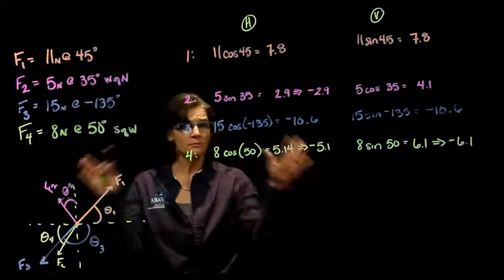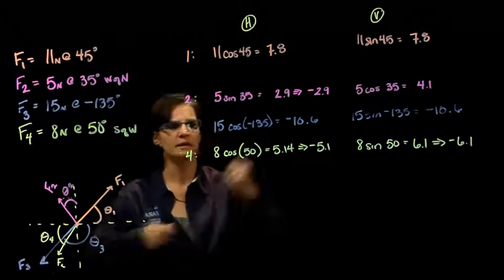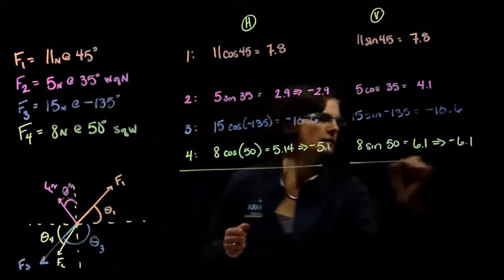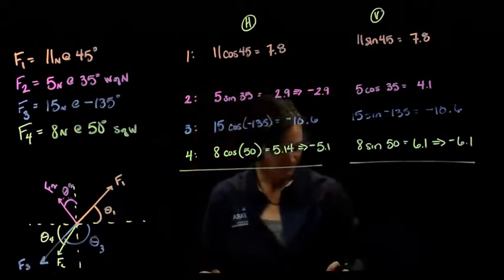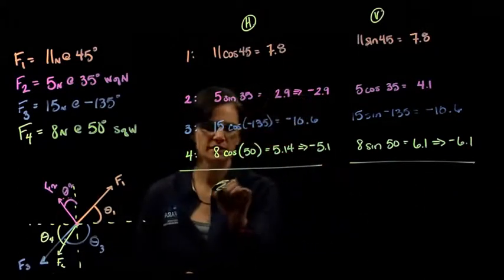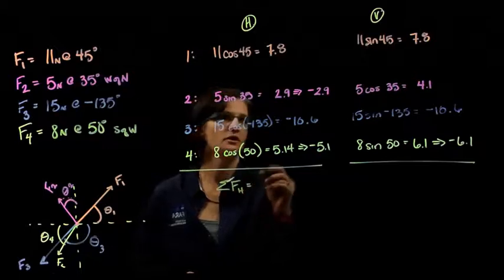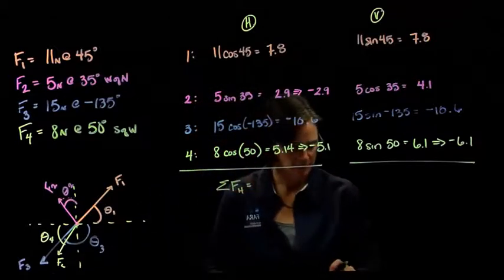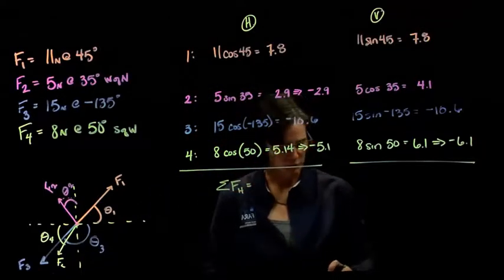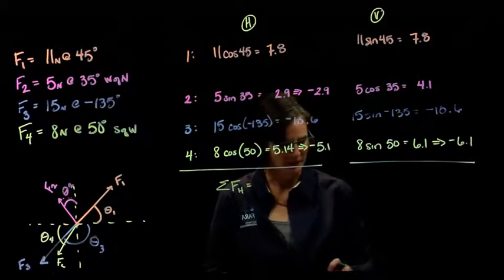Okay, so now I have all of my components. I can add them together. So the sum of the forces horizontal is going to equal 7.8 minus 2.9, minus 10.6, minus 5.1.